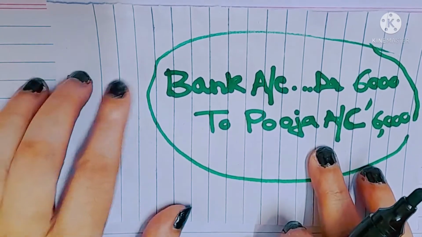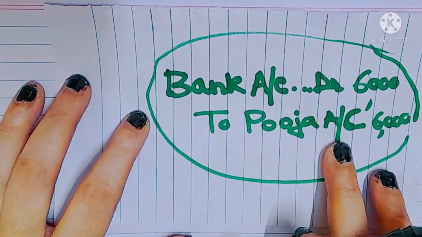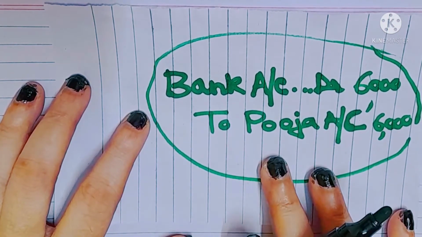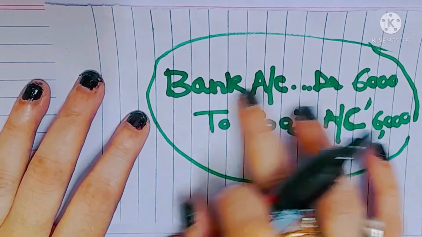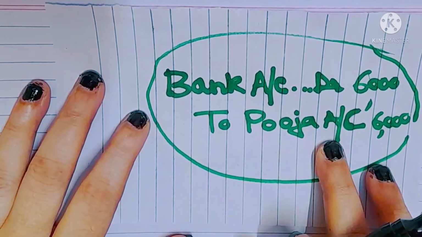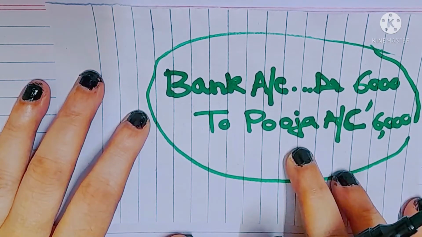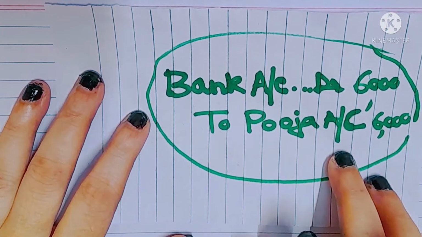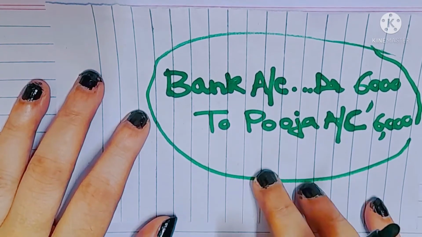Why? See, there is no cash account on the debit side, no cash account on the credit side. I have told you many a times, there has to be a cash account either on the debit side or on the credit side. Then only we can record this journal entry in a single column cash book, because single column cash book only records cash transactions.